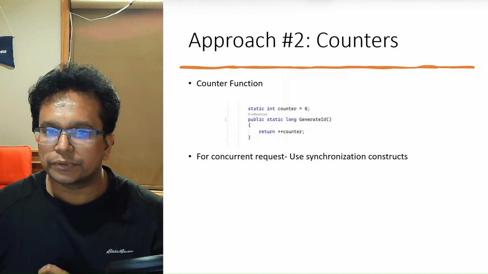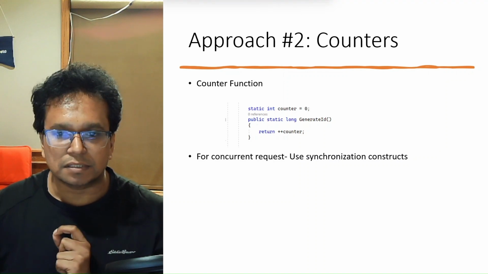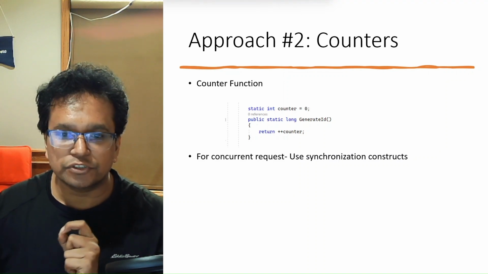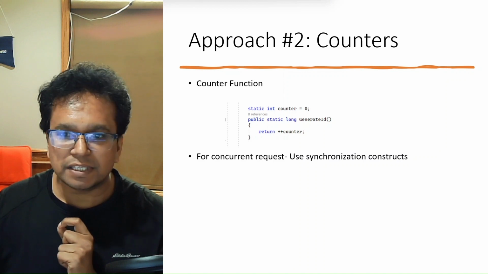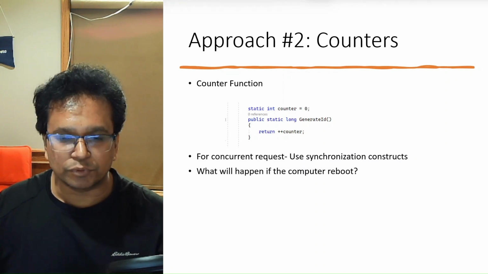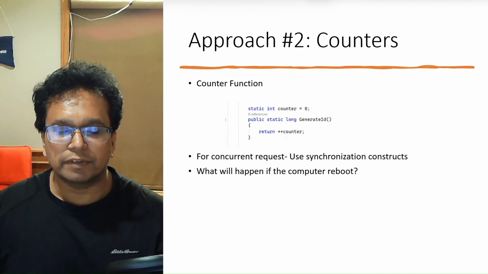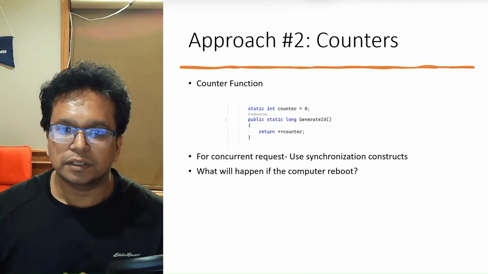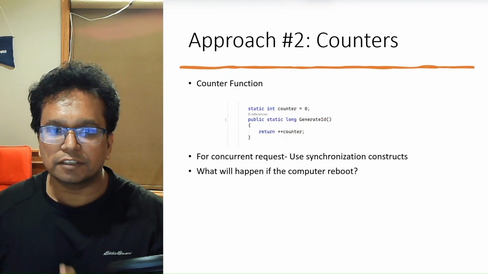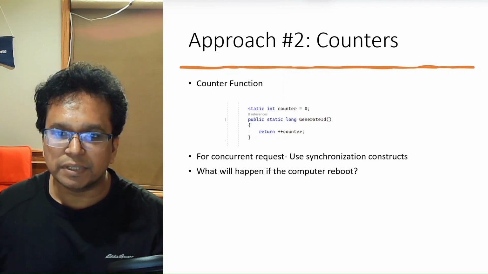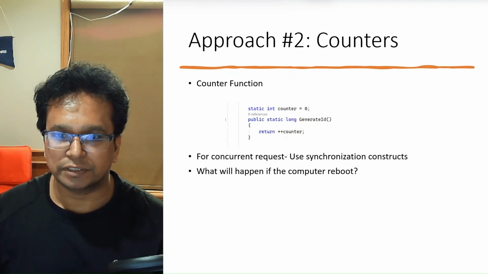It is also important to note that the counter variable is actually stored in memory, which means that if the machine reboots, the counter will reset to 0, and when the machine comes back, it will start generating values again from 0, 1, 2, 3, which means that duplicate IDs may get generated.